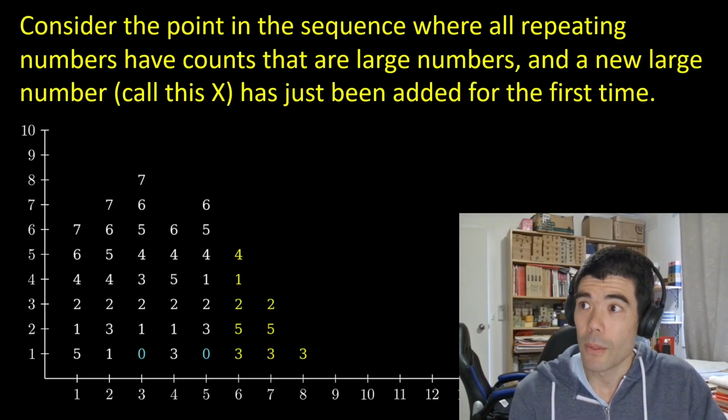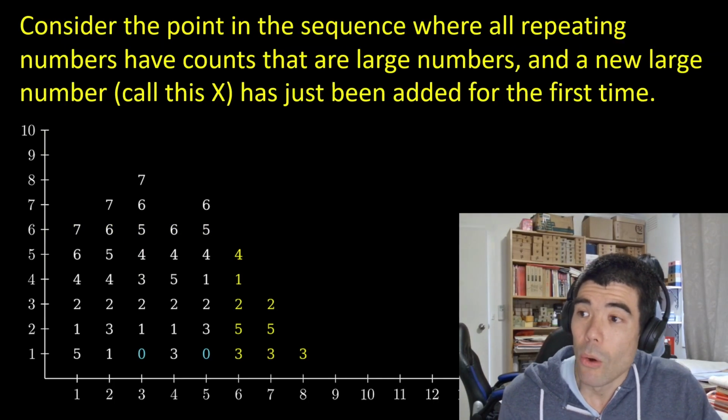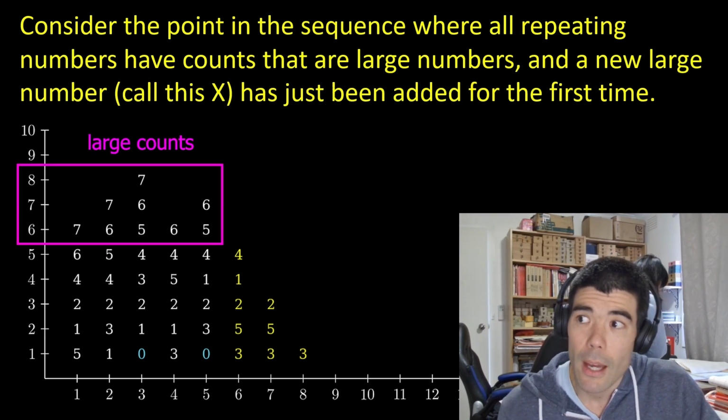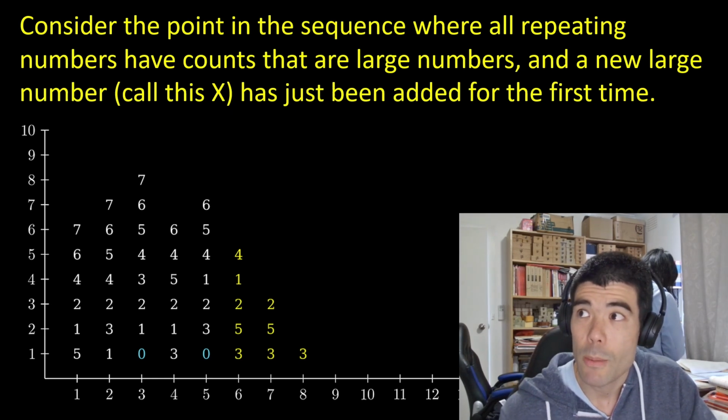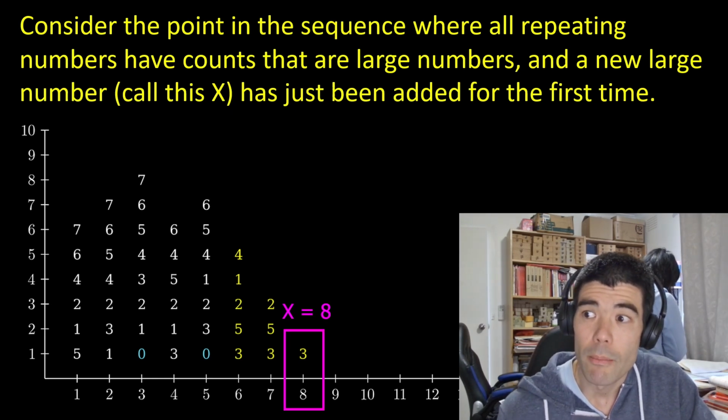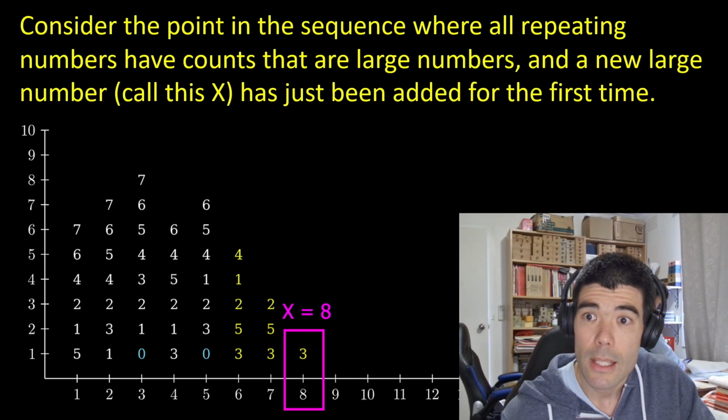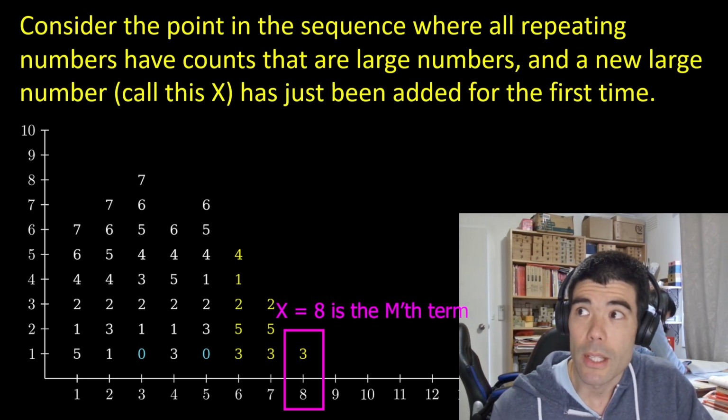As an example, in this sequence here, all the numbers from 1 to 5 have large counts now, counts that are larger than 5. And the number 3 has just been added for the 8th time, giving x equals 8 as the new large number in the sequence.